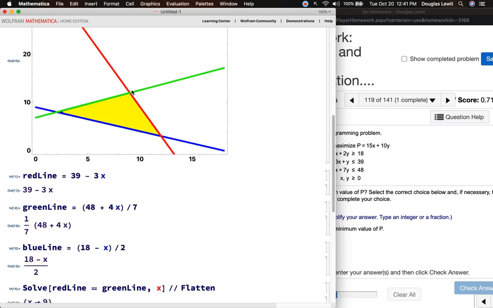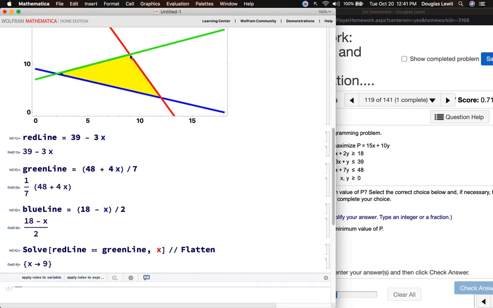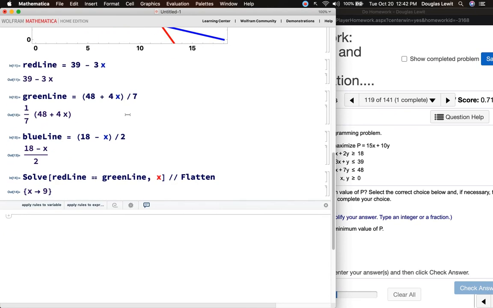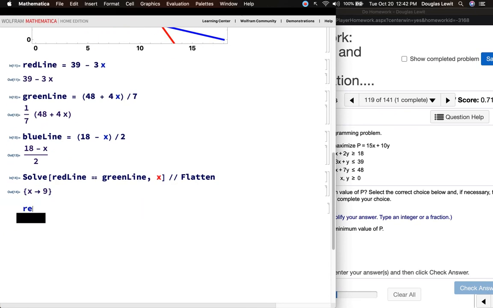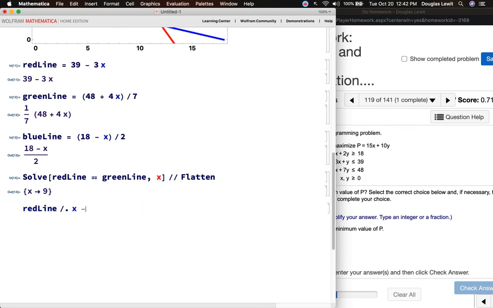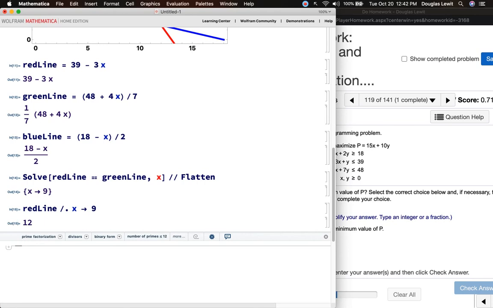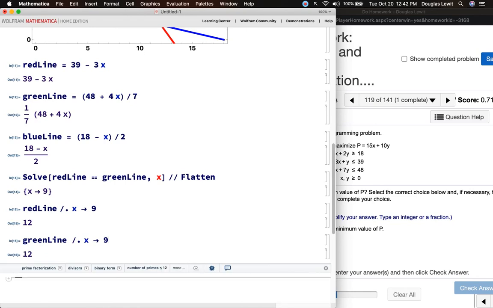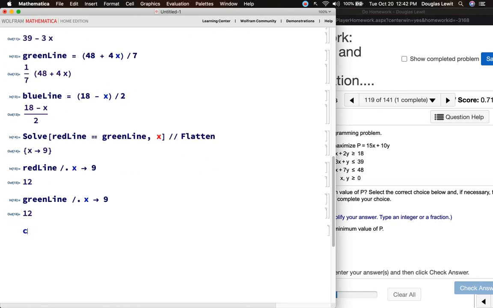That's going to be this point right over here. So red line or green line, it doesn't matter. Red line when x is 9, 12, or I could use the green line, same thing. So corner point 1 is going to be 9, 12.